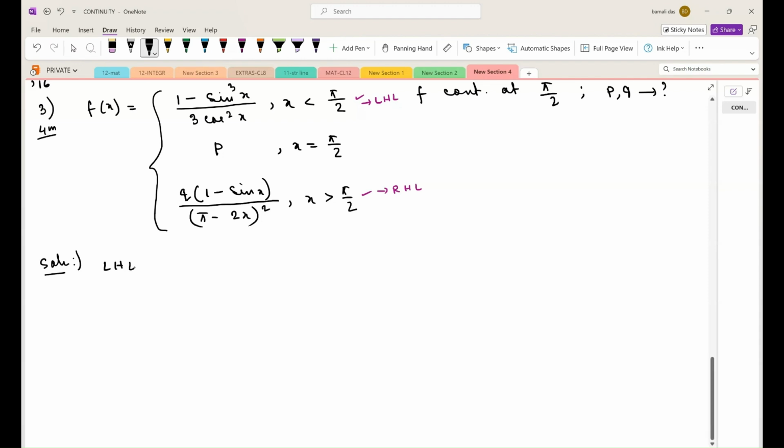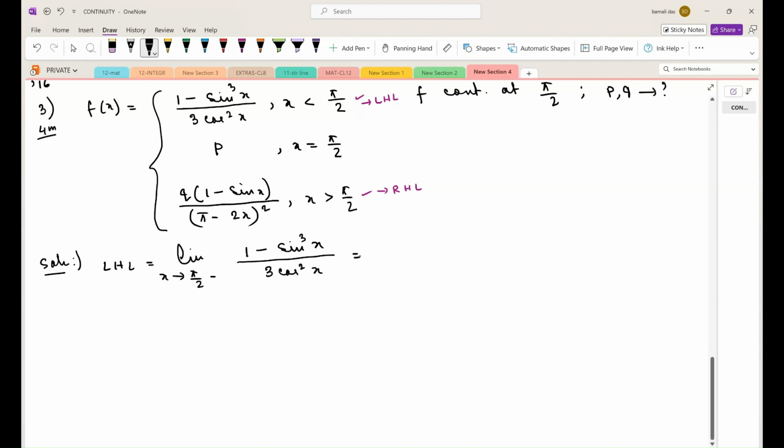Left hand limit is limit x approaches pi by 2 from the left. Now from the left means the first branch is acting because here x is less than pi by 2. So it is 1 minus sine cube x by 3 cos square x.